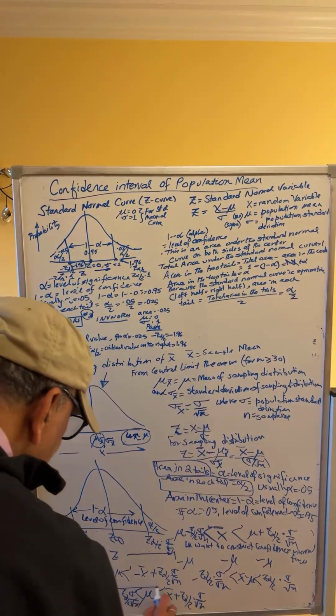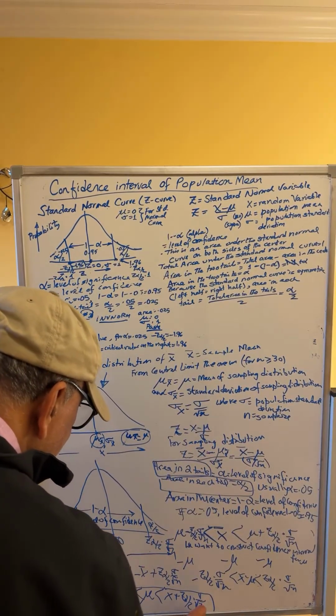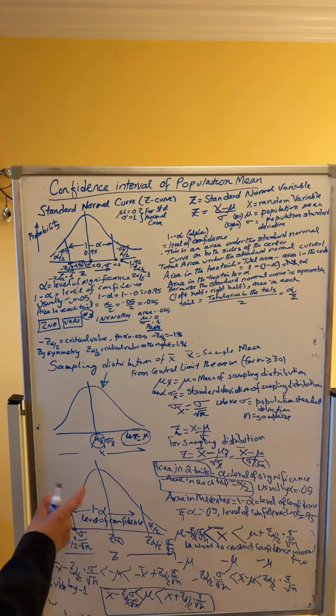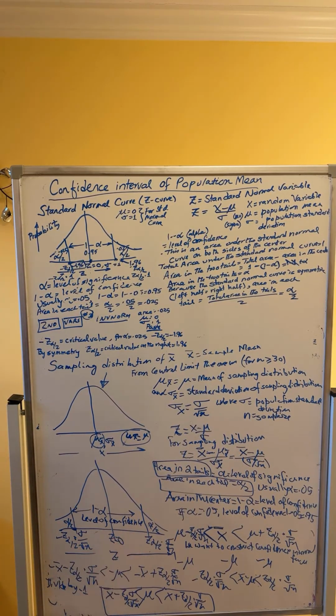So this is the formula for the confidence interval for the population mean. And the confidence interval depends on the level of confidence we select.